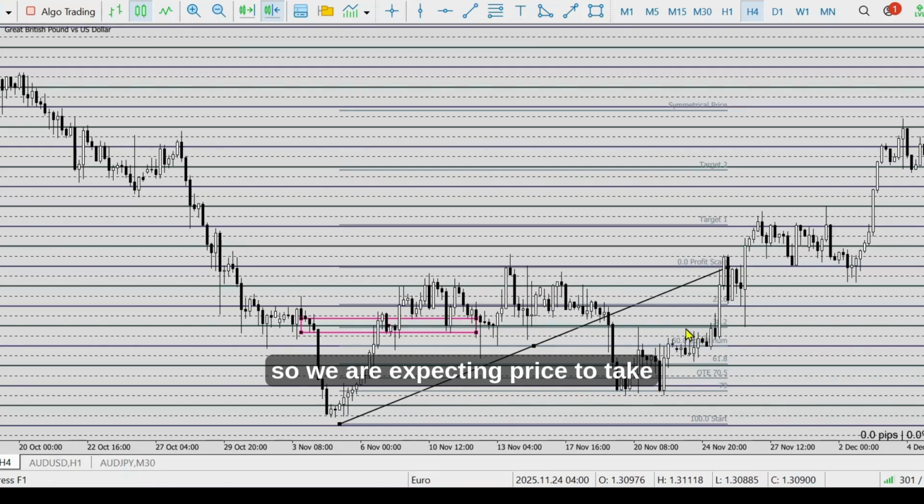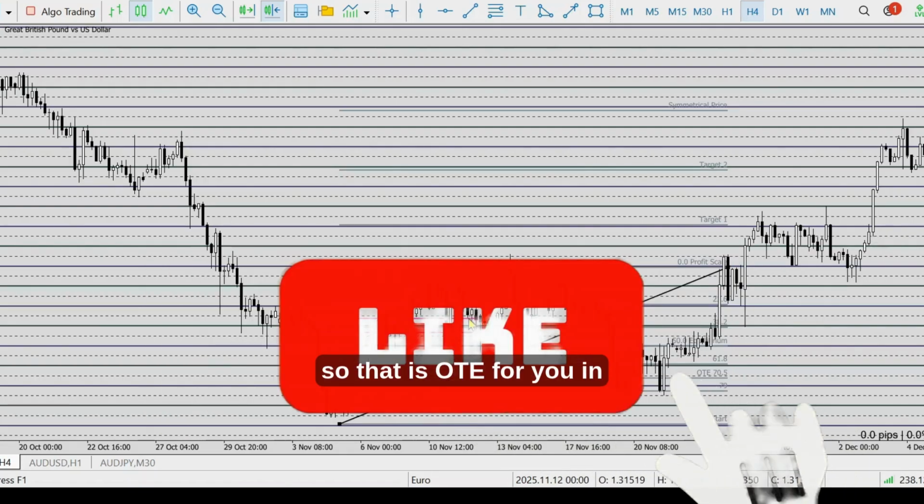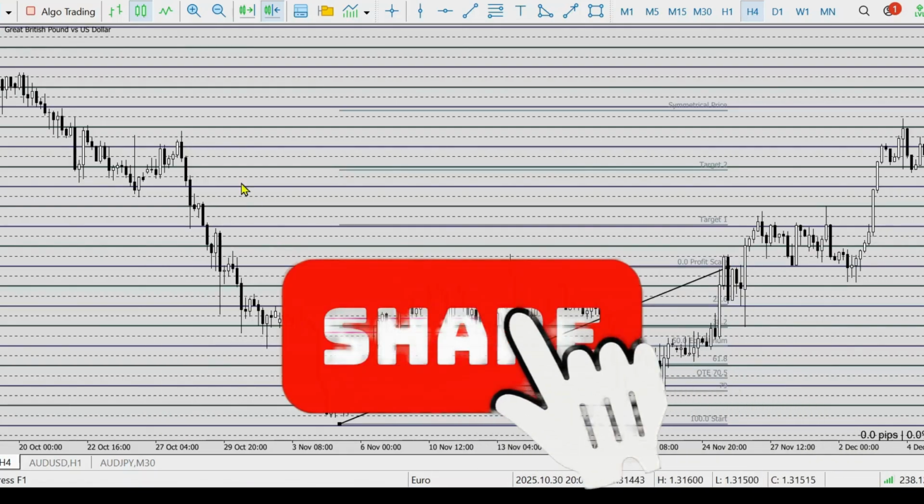So we are expecting price to take some profit at the 0.0 level. That is where you scale profit. Then your target 2 should be here and your target 3 should be here. So that is OTE for you in simple explanation.